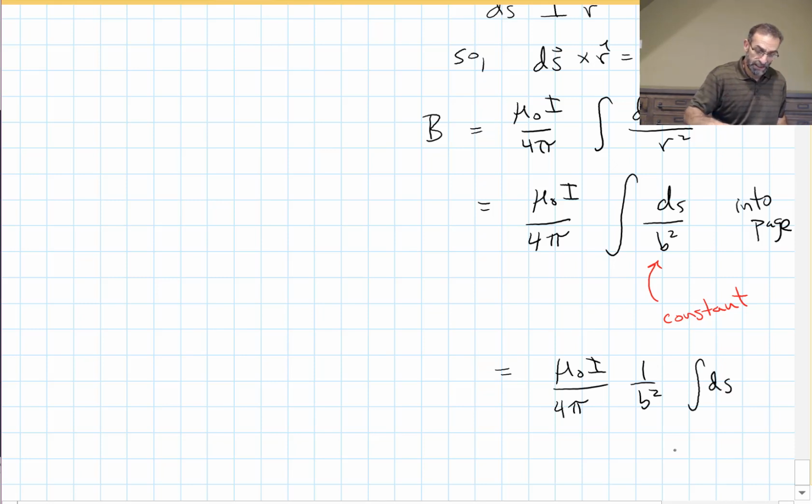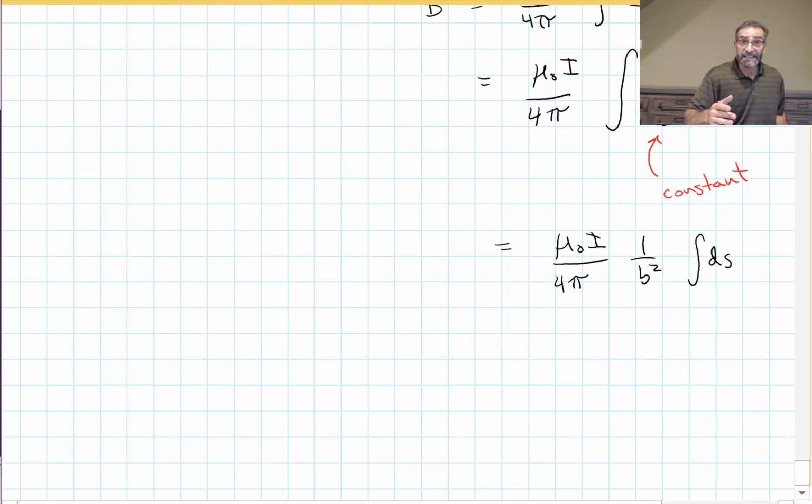What is the integral of ds? S, the arc length.